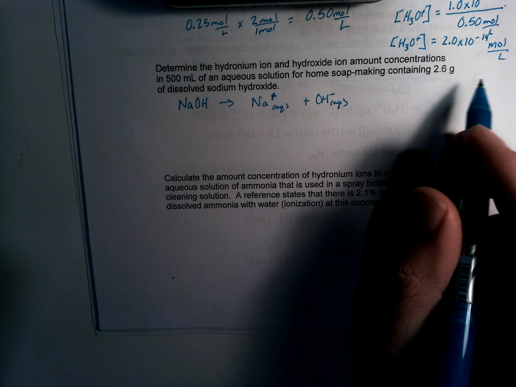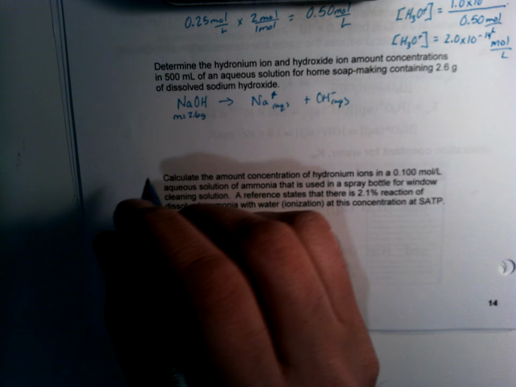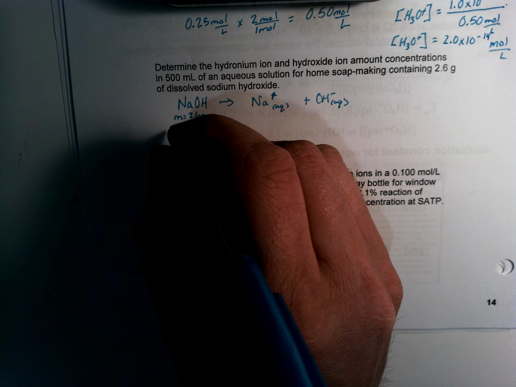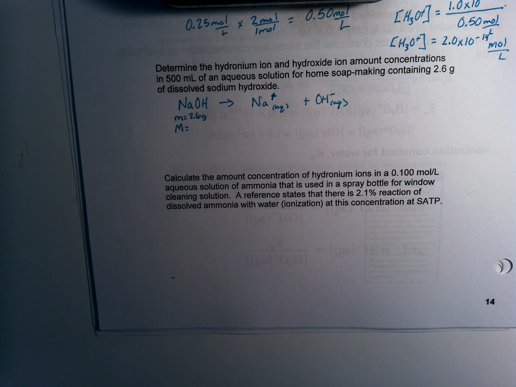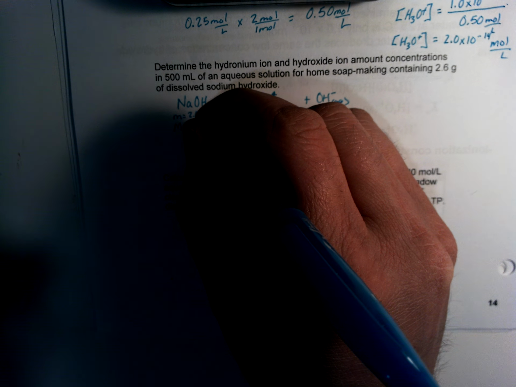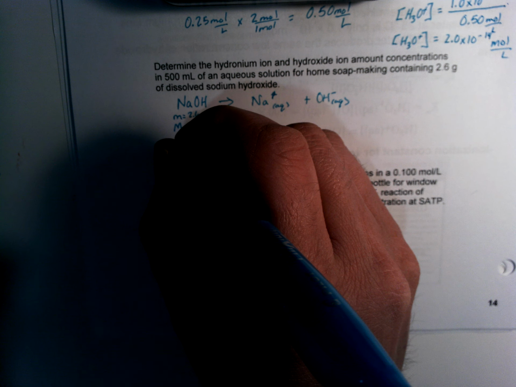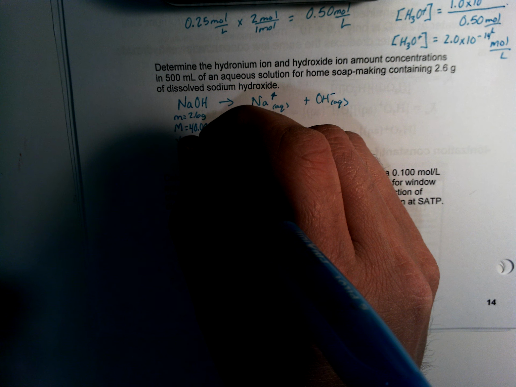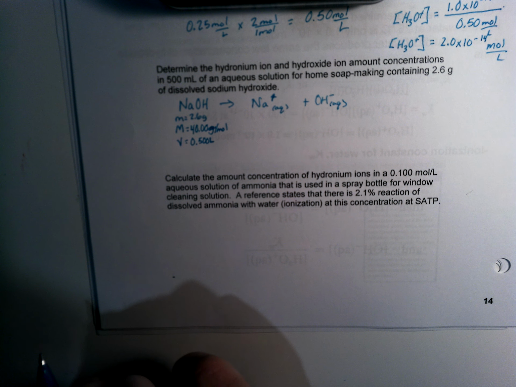Okay, write down what we have. So we have the mass, 2.6 grams. Okay, again, whenever we see mass, we want to find molar mass. Okay, so molar mass of that is 40 grams per mole. Again, we're given our volume. We want to convert that to liters, so 0.5 liters.